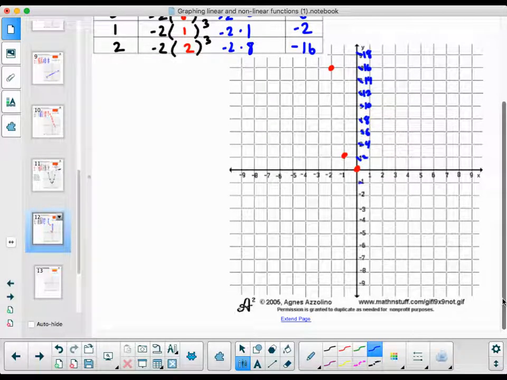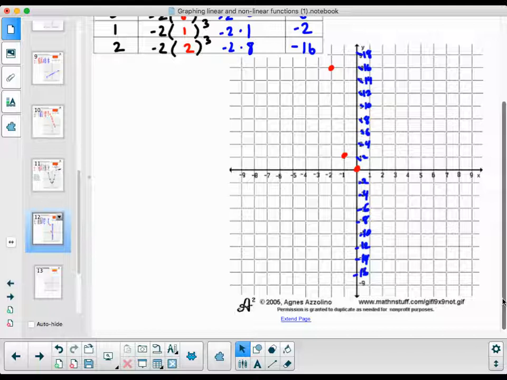This is -2, -4, -6. Now, let's see, 1 and -2 then would be here, and 2 and -16 is right down here.